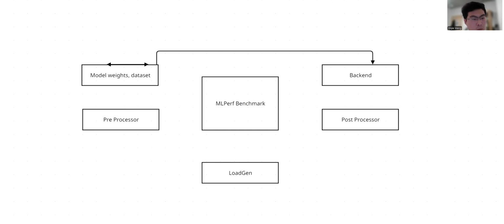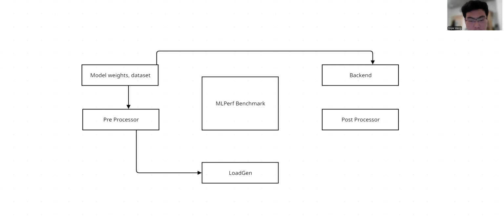And then we're going to preprocess the data set. Our preprocessor processes the data set, and then it gives it to the load gen. So now load gen possesses the data, and it's ready to dispatch the data to the benchmark for inferencing.